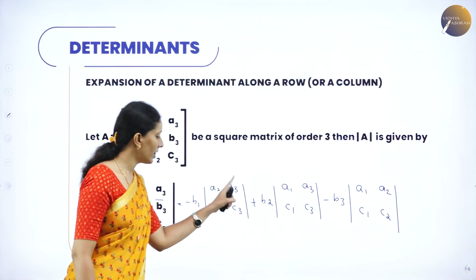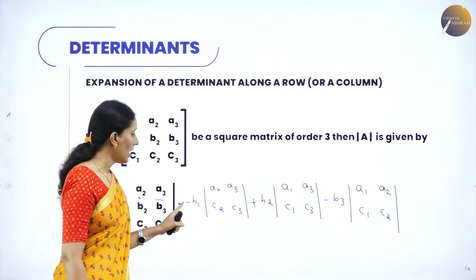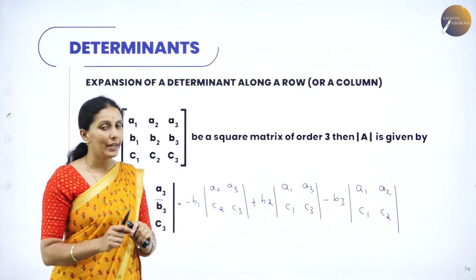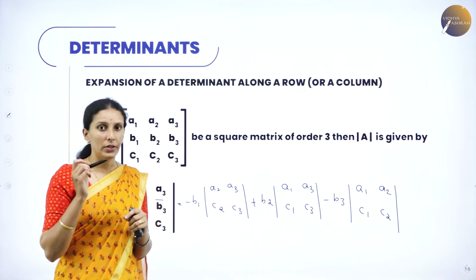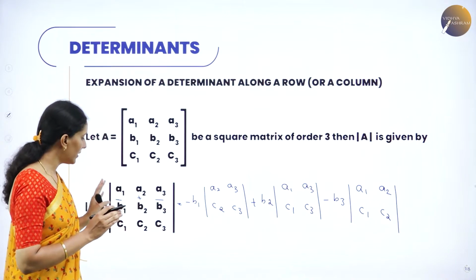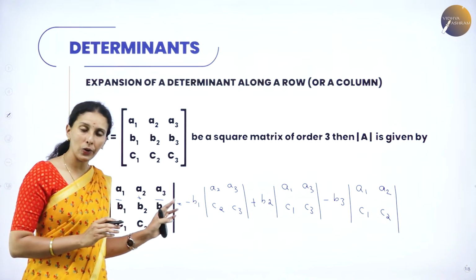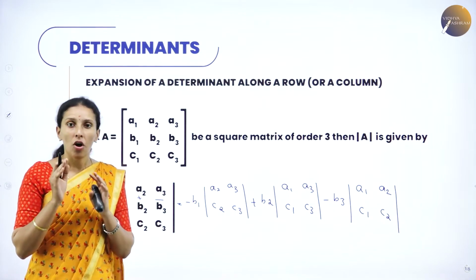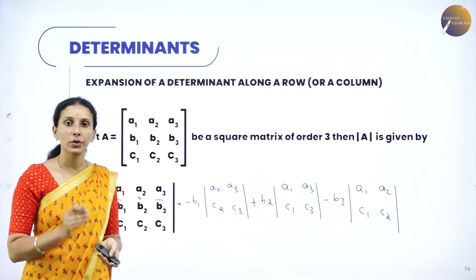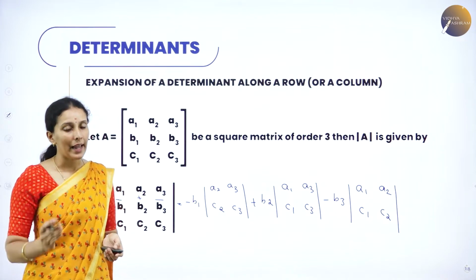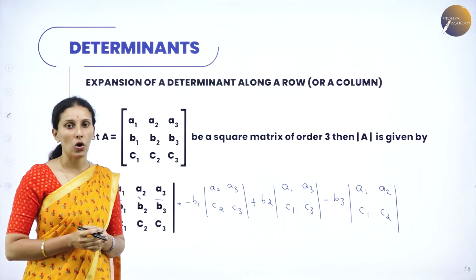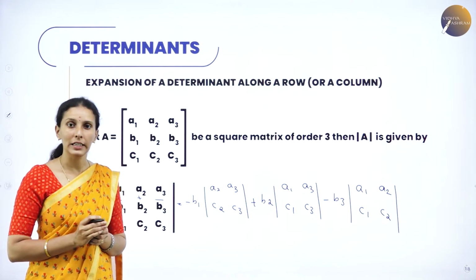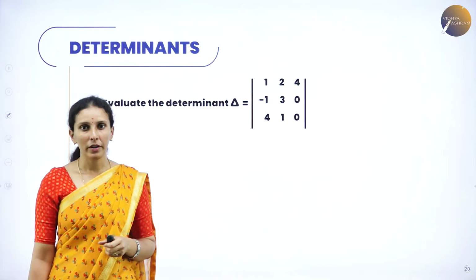Again, by finding the value of the determinant and on simplification, we will get the same value. So you can expand the determinant with the help of any row or any column, which on simplification gives you the same value, which is the value of the determinant. Now here is a problem which I have taken.